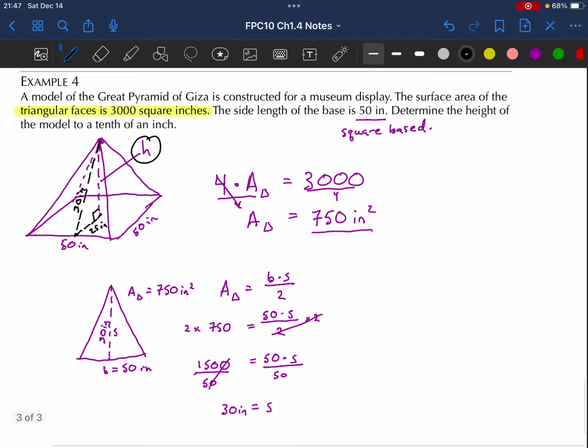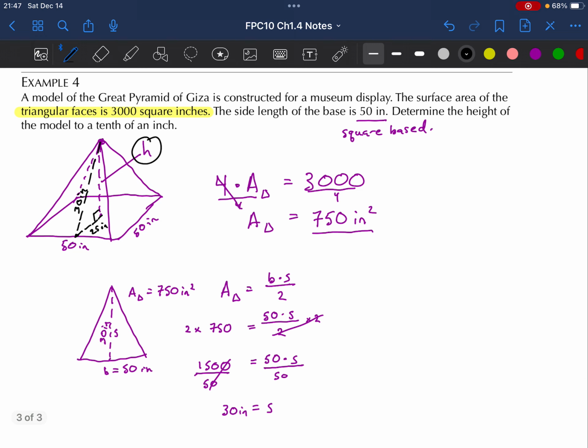So I'm going to write out my Pythagoras theorem. My height squared plus my radius squared, this is my radius right here, is 25, is equal to my slant height squared. Well, I don't know my height.